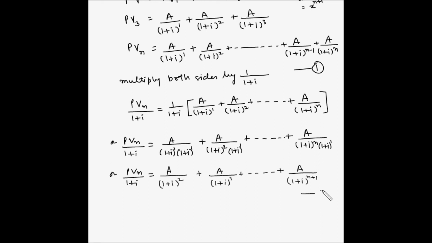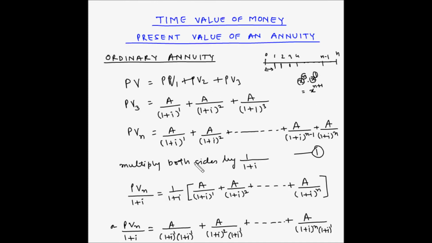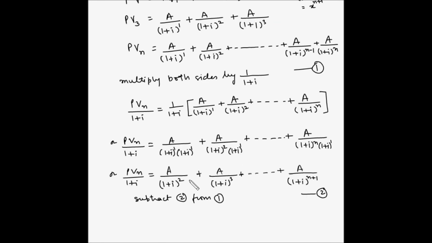Let's call this equation 2. Now let's subtract 2 from 1. So basically we'll do 1, which is this, minus 2, which is this one. So this will get negative signs, minus, minus, minus, minus, and minus.